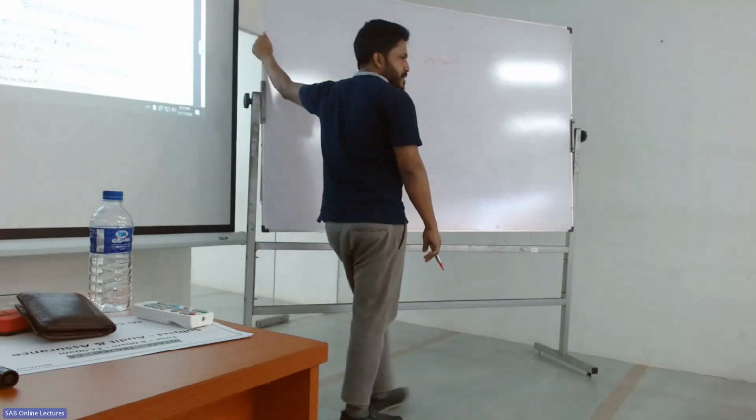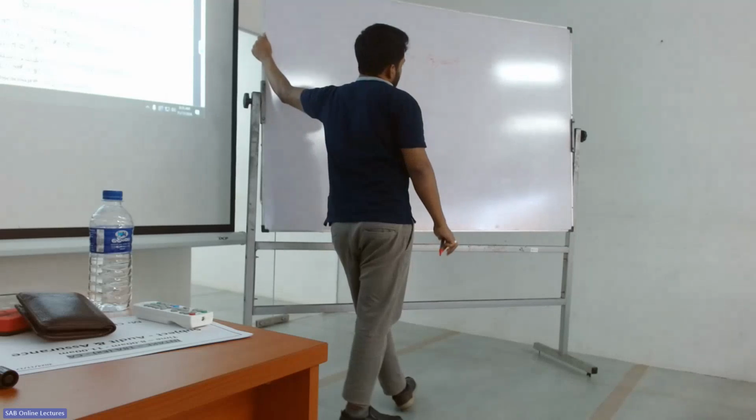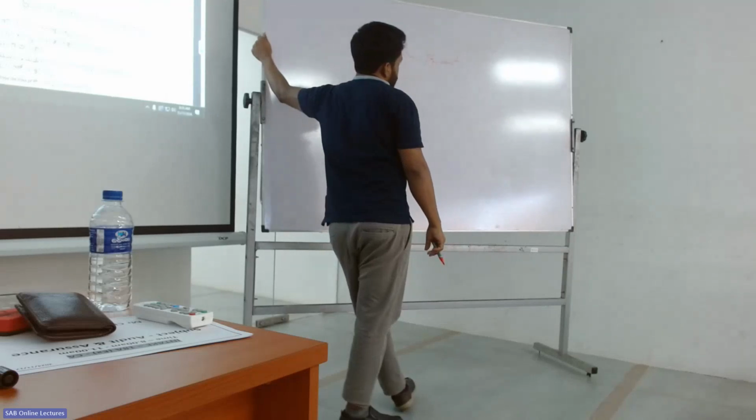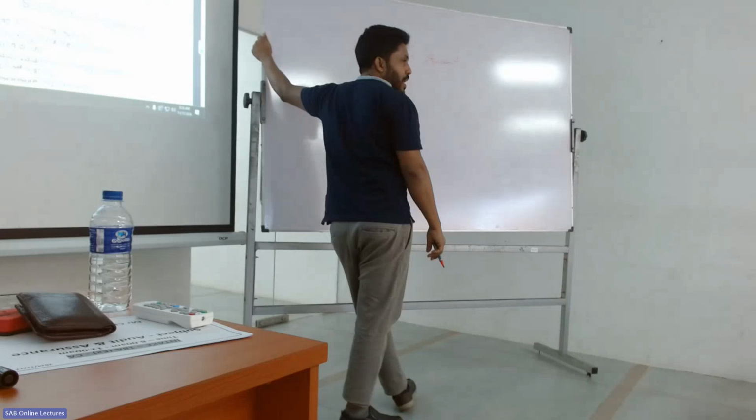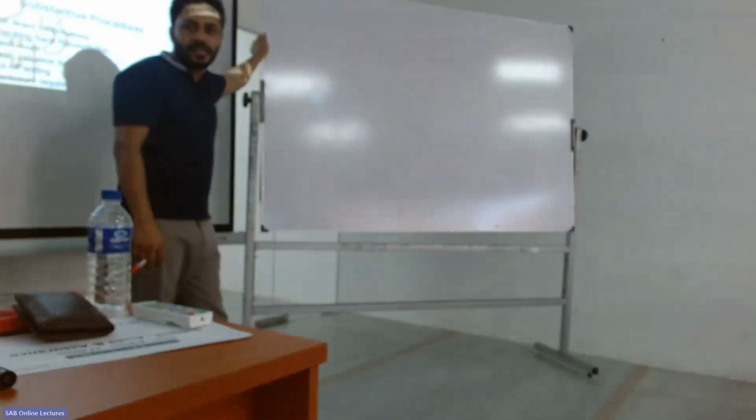Then we had a discussion about this and we went through a bank reconciliation. We understood what the unusual items are over there. So today we are going to discuss the set of procedures related to cash and cash equivalent, right?